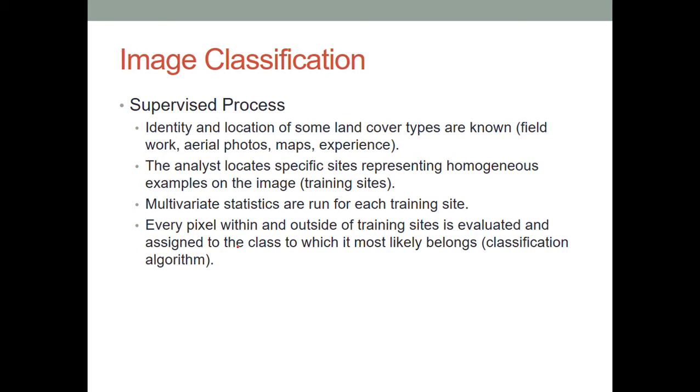In the supervised process, the algorithm permits the user to intervene or give input before the process, where the analyst will help to identify and locate some land cover types which are known.